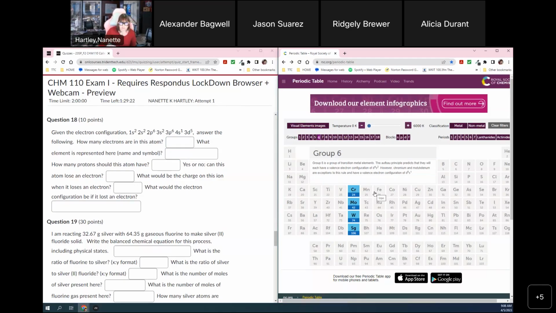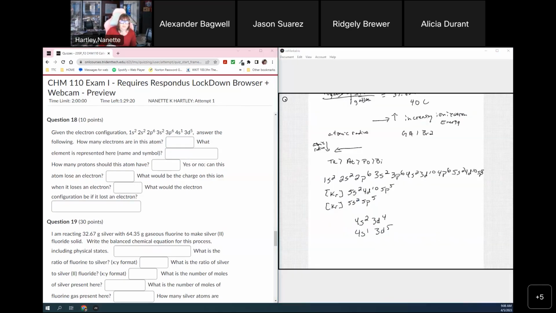This is one of those exceptions. So this is chromium. And that is based on the fact that the total number of electrons, if I add all of those up, is 24. So if there are 24 electrons, I have an atom. It's not an ion, so I know it's not charged. So if it's number 24, he has 24 protons, 24 electrons, and that makes him chromium. So 24 is here.